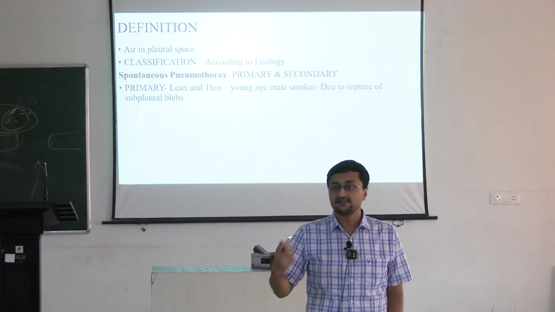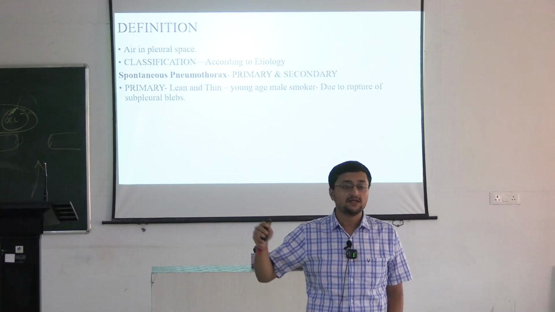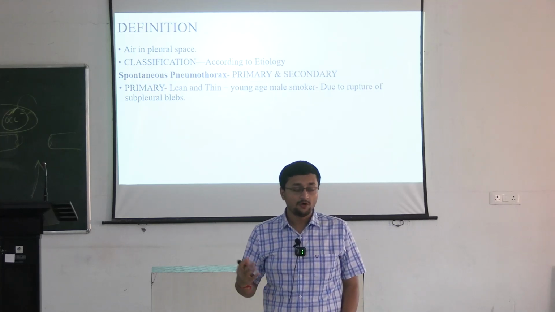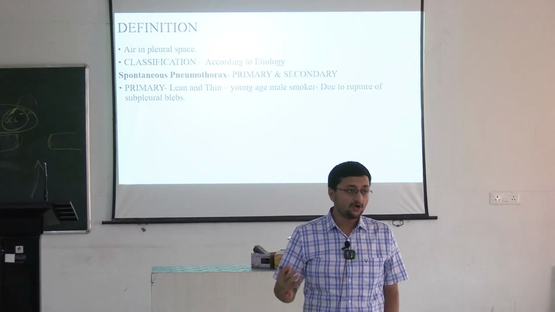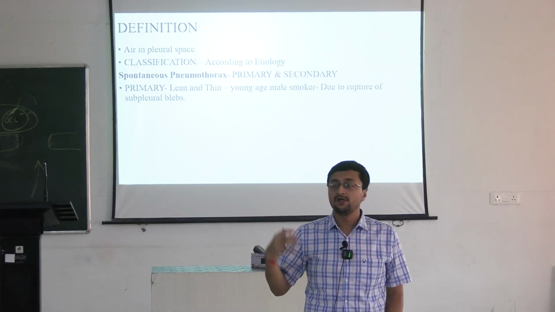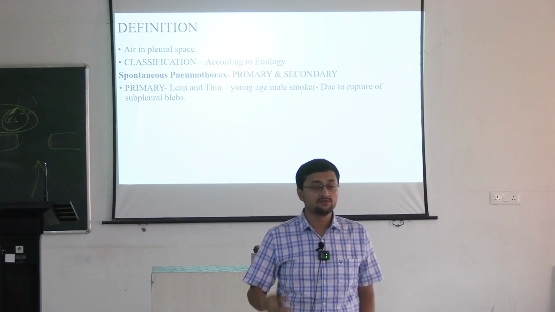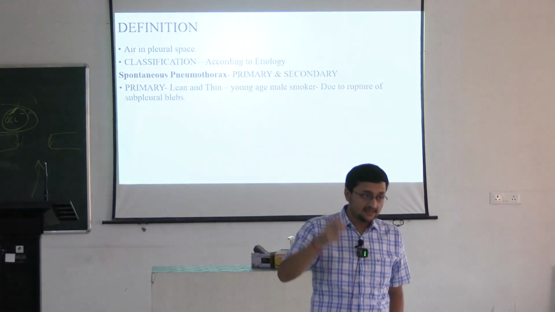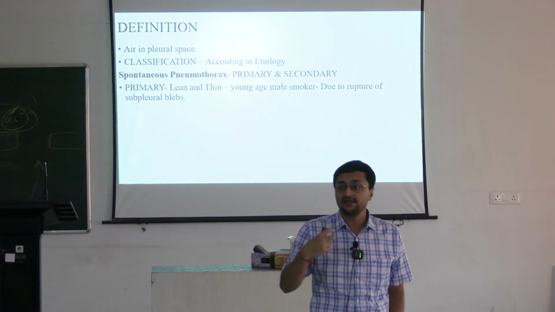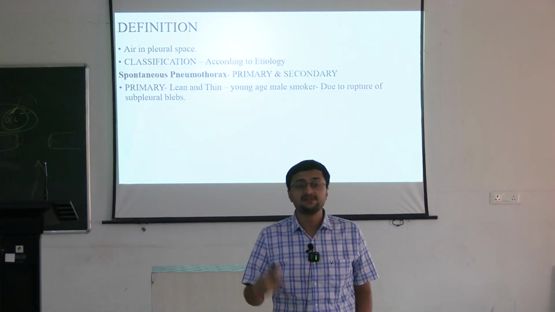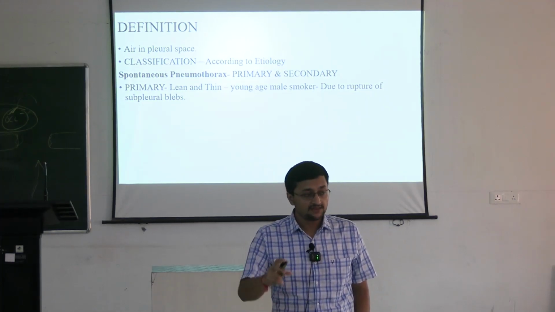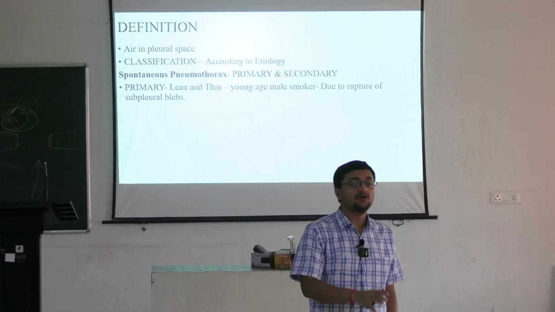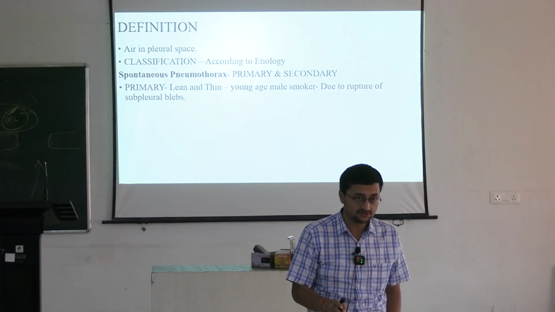The patient may have chronic obstructive pulmonary disease or asthma or bronchiectasis or any pleural or parenchymal infections like tuberculosis. That means the underlying lung parenchyma is affected, and that is the cause of the pneumothorax. Then we can call it secondary spontaneous pneumothorax.